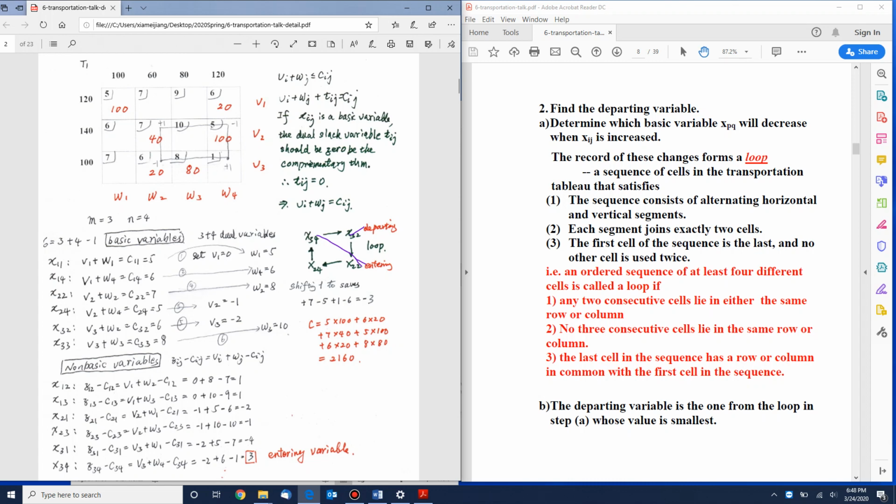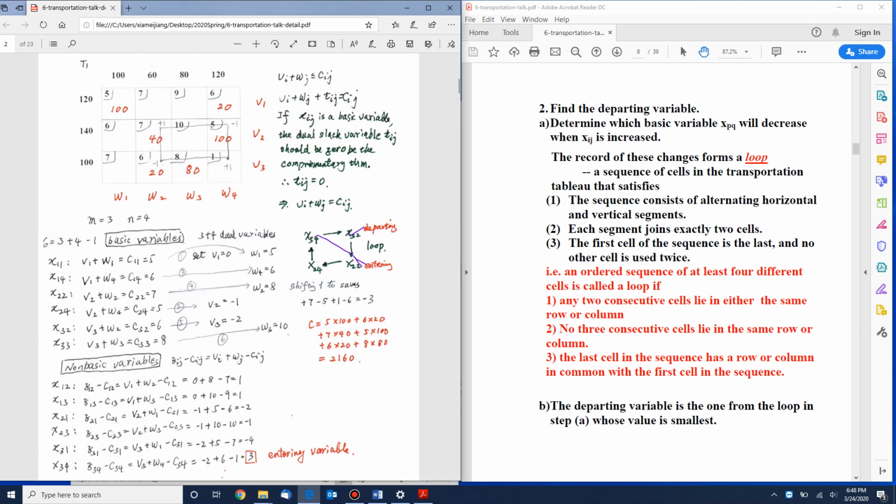If we reduce 1 from 2 4, that means we save $5. If we increase 1 in cell 3 4, that means we need to pay $1 and reduce 1 from 3 2, that means we save $6.